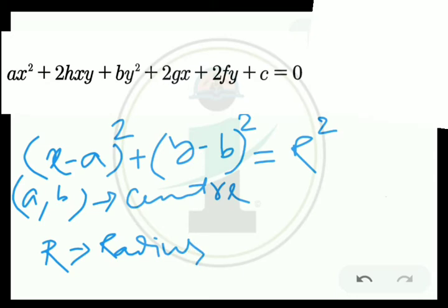So this is what the equation for a circle is.